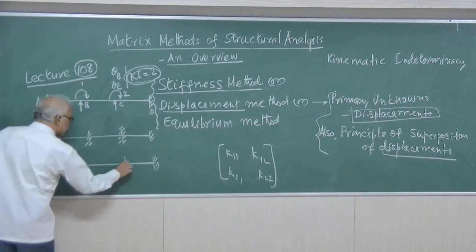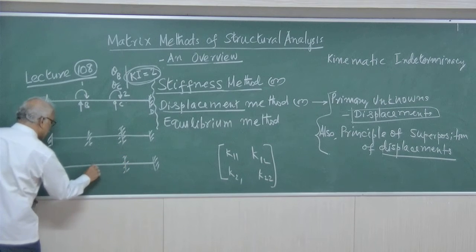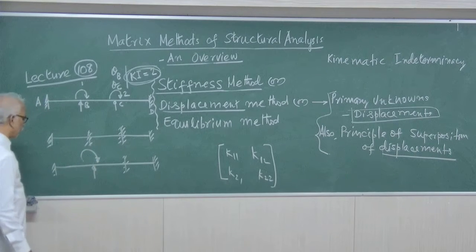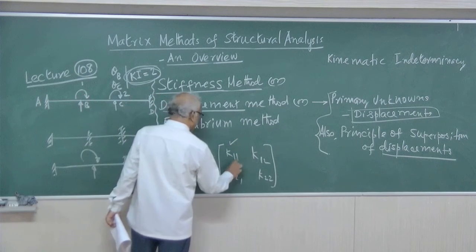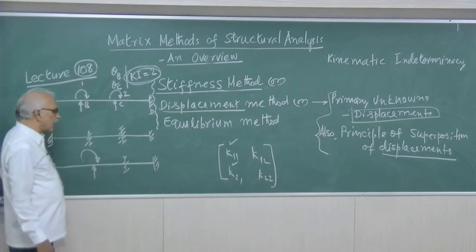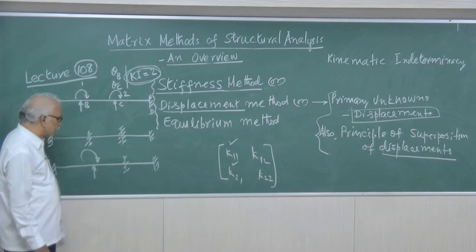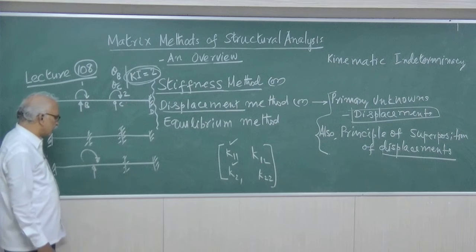You arrest this, you allow this alone, theta B alone, and get the first column of the matrix. Actually, we have started in a different order. I should have introduced what is the stiffness matrix and then come to this. But anyway, having started, we'll proceed and come back to the stiffness matrix.